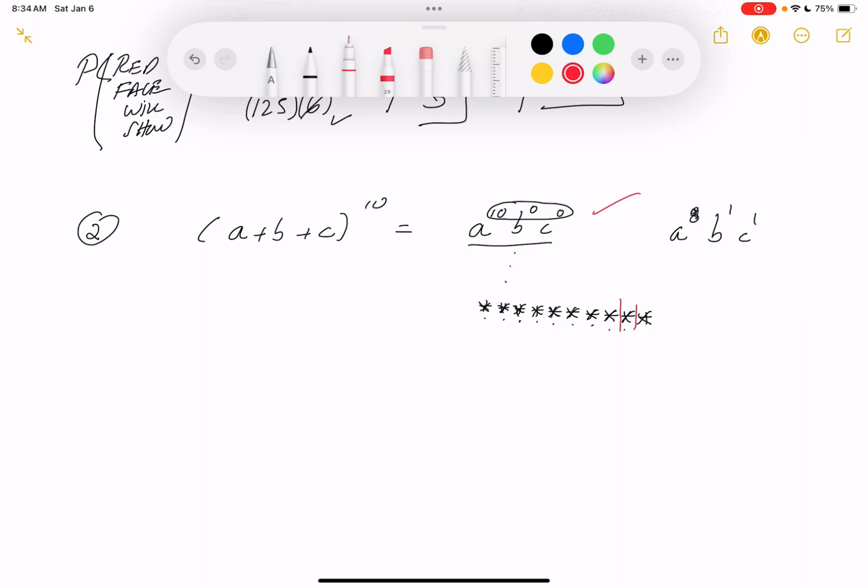So what I start to realize is that it's basically partitioning this, and it's a counting problem for me. This is one way to do it, and you may want to do it this way. Now, how many objects do I have here? I have 10 of those stars and 2 of those vertical bars, and we're going to be moving things around.